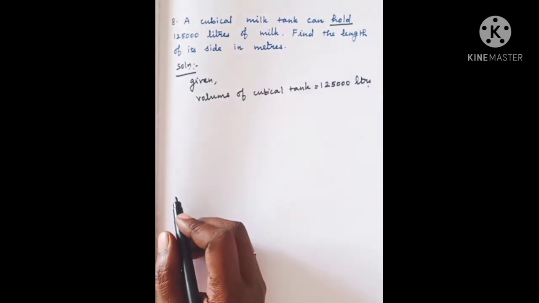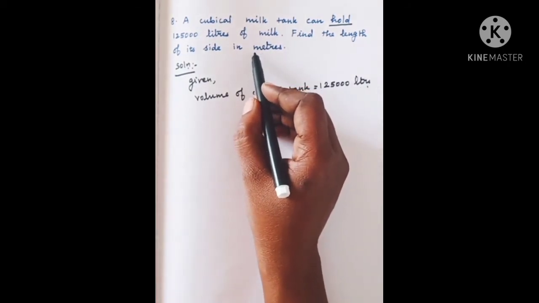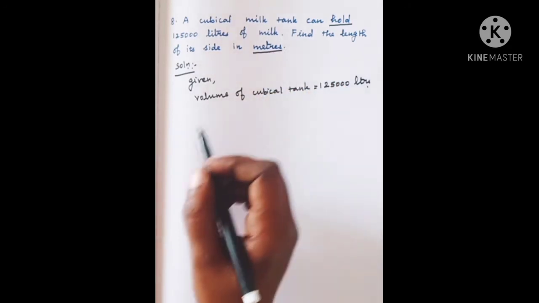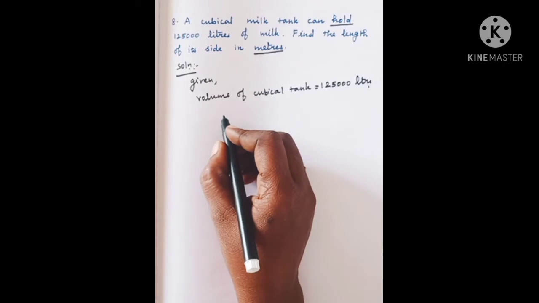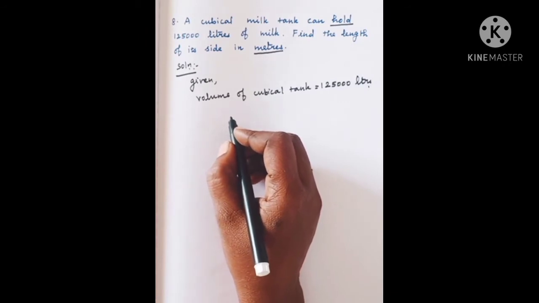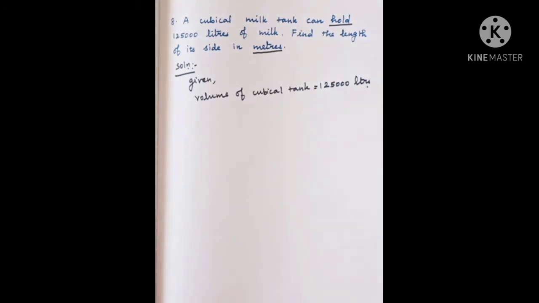Now we have to convert this liters to meters because they are asking to find the answer in meters. So you know 1 meter cube is equal to 1000 liters.